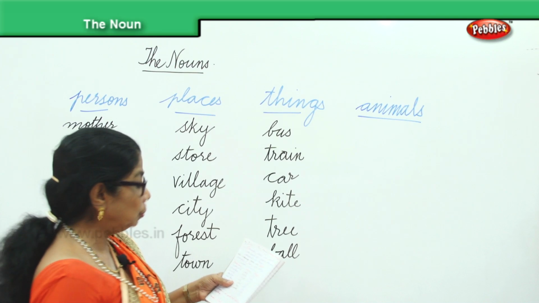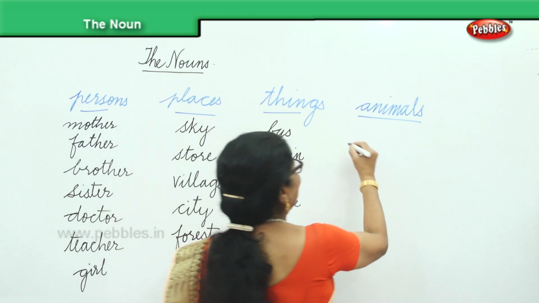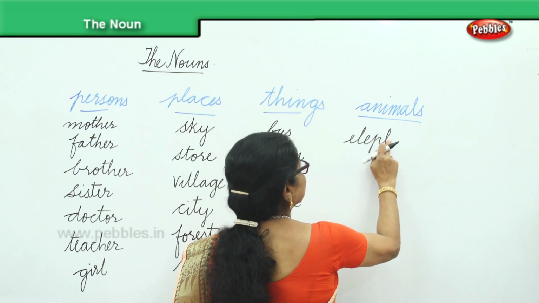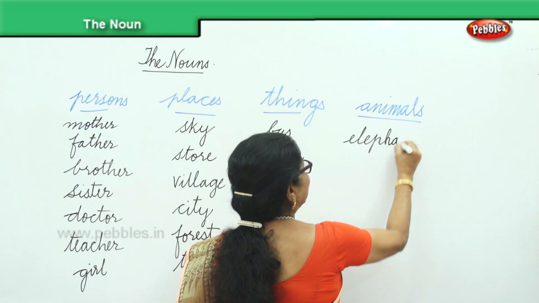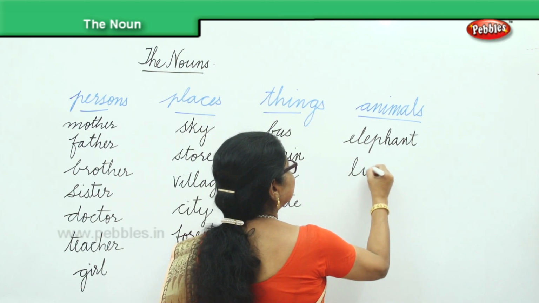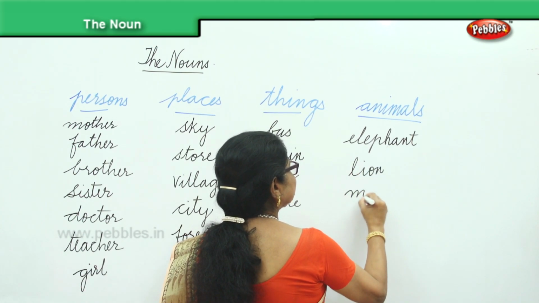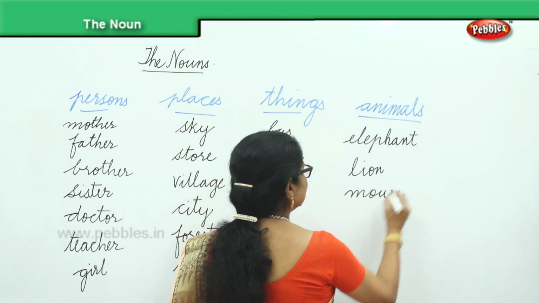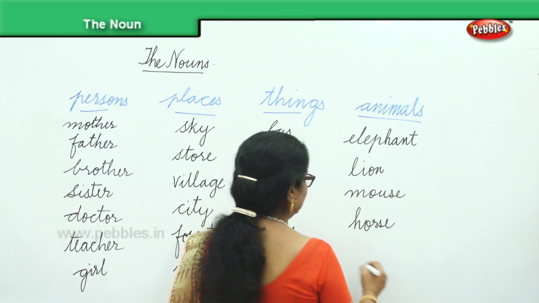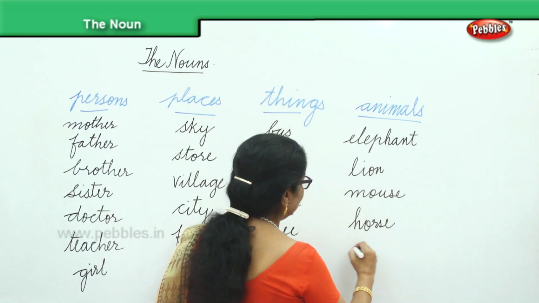Then we go to, say, animals, say elephant, then lion, mouse, horse, dog, all animals.